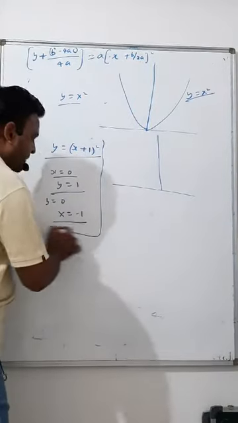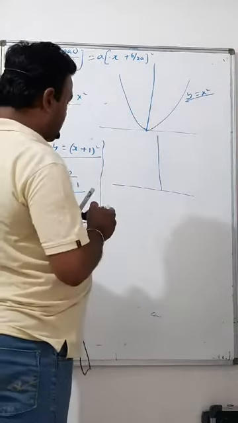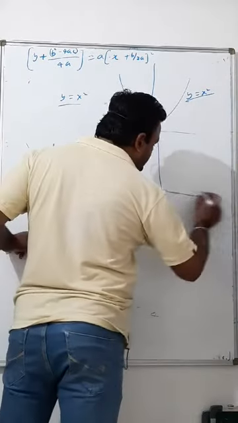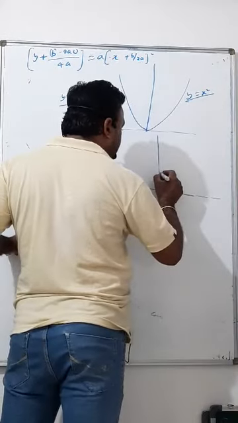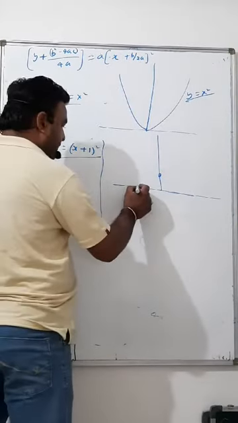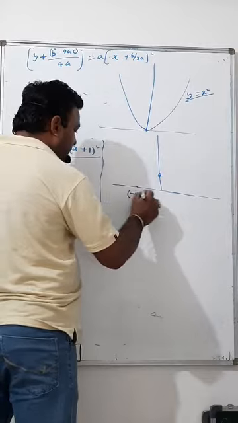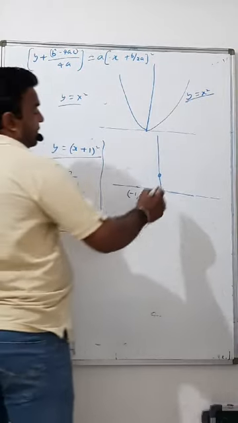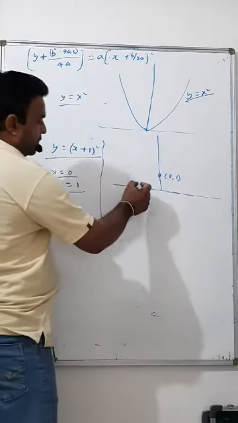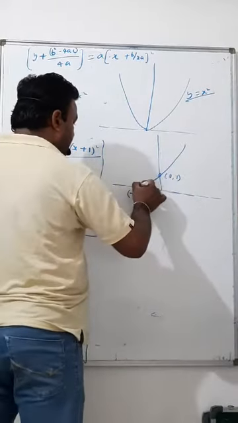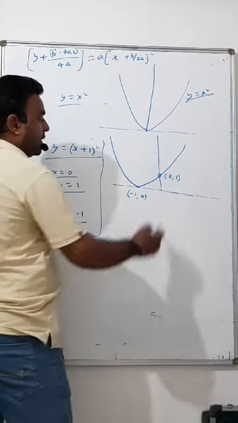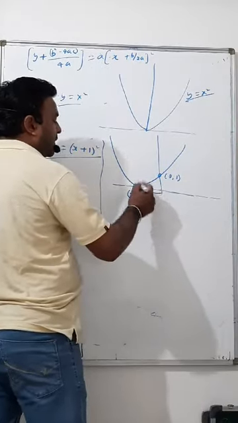The first method I am telling how to draw this graph: x is 0, y is 1, this is one point, x is minus 1, y is 0. This graph cannot go down, so it will be like this, touching the x-axis, and it has been shifted leftwards.